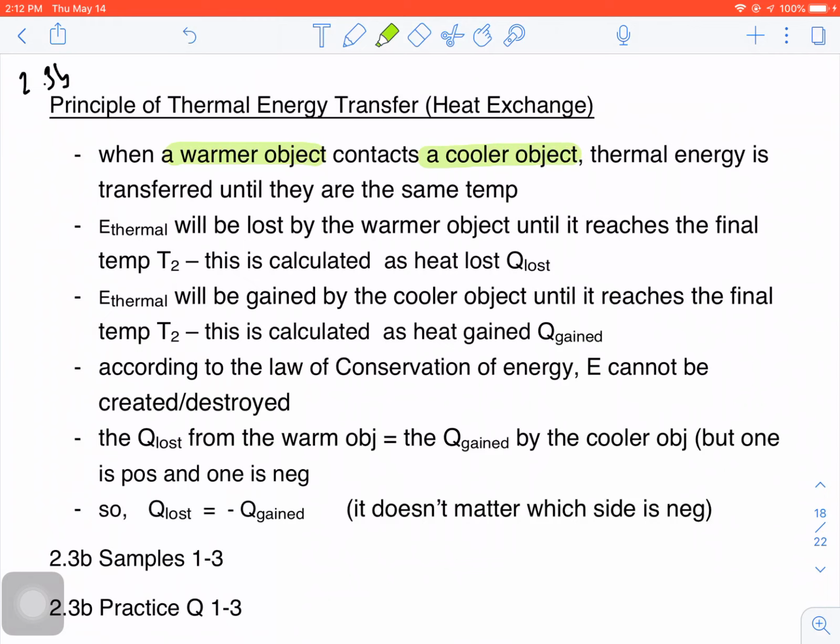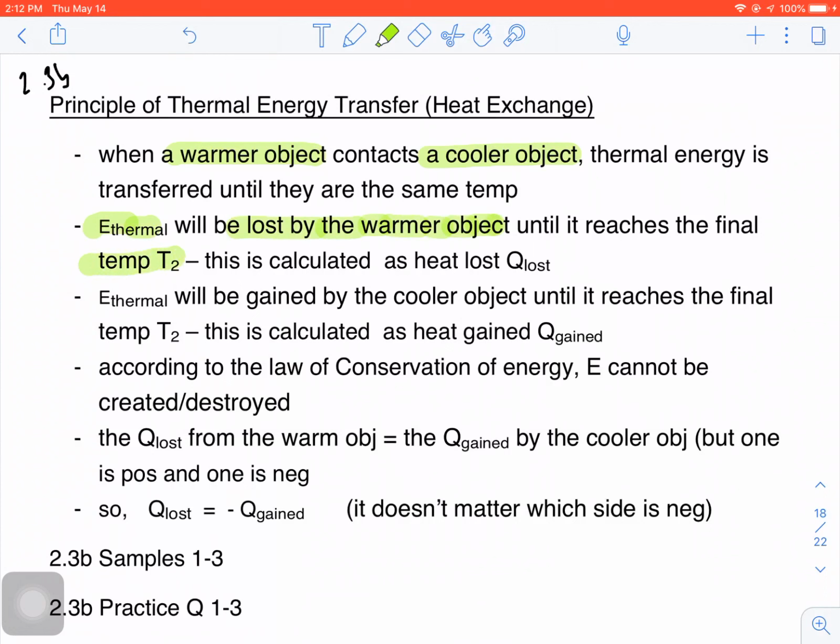So that's the whole idea here. I'm going to have two objects now. One has a Q equals mc delta T, which is talking about energy being lost, and one has a Q equals mc delta T for energy being gained by the cooler object. Thermal energy is being lost by the warmer object until it gets to T2.